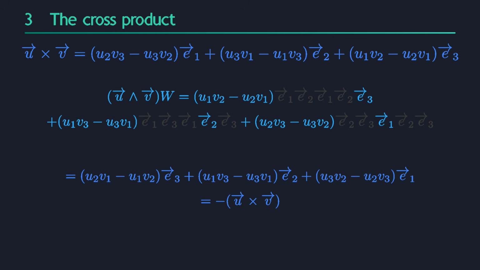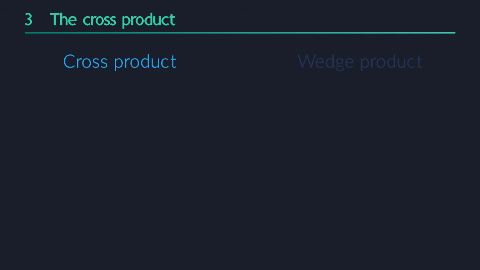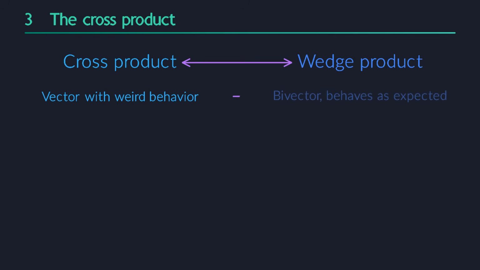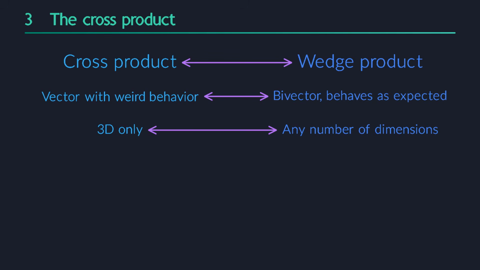And why, you might ask, is the wedge product so much better? Let me count the ways. The cross product produces vectors that flip around in a mirror. The wedge product produces bivectors that are perfectly well behaved. The cross product exists only in 3D. The wedge product is much more general, and it can be defined in any number of dimensions.